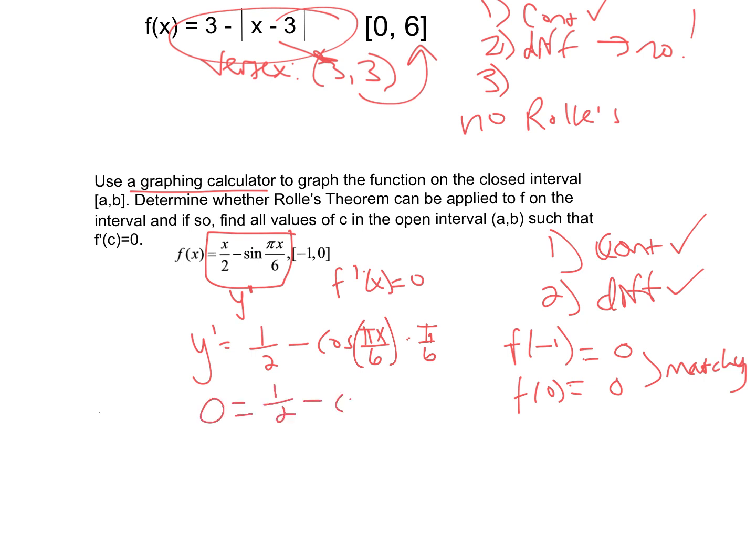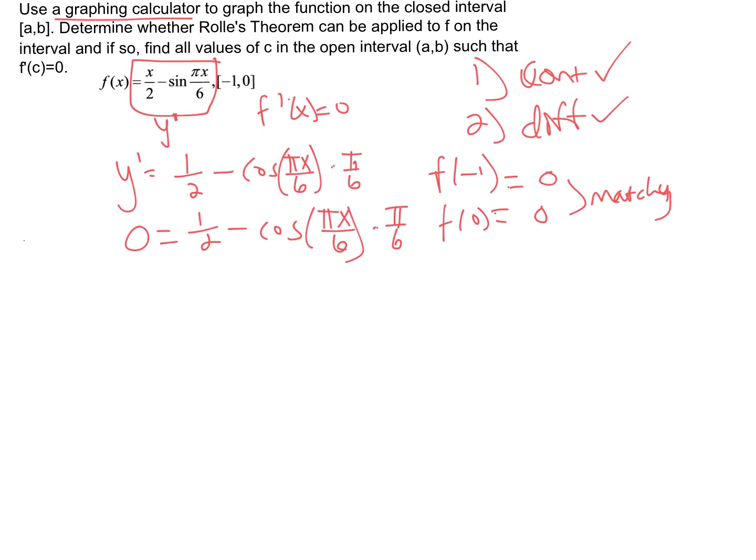So if you're curious as to how to solve that by hand, you are going to need a graphing calculator regardless, but you also can now plug this whole function into y1 and plug in 0 for y2 and find the intersection, or you can find the zeros in your graphing calculator. Either way, to solve it by hand, in case you're curious, subtract the 1/2 from both sides.